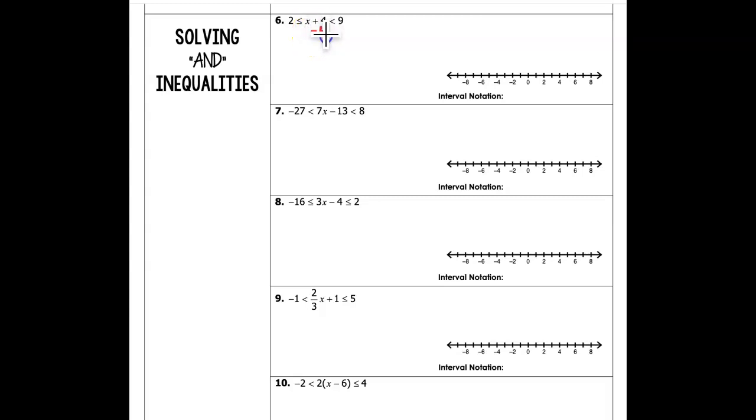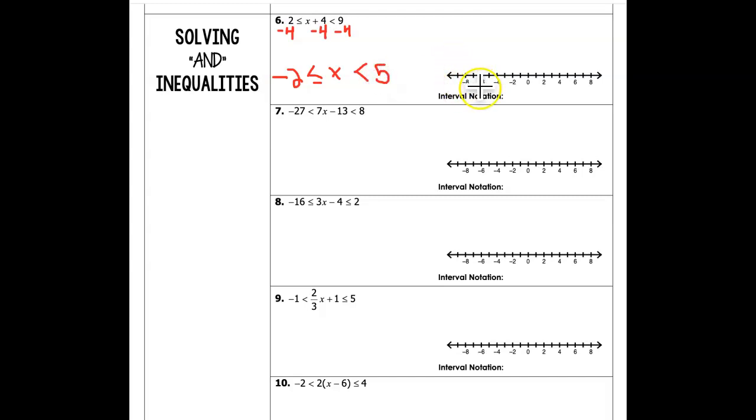So here when I subtract 4, I just have to make sure I do that to the 9 also, and then to the 2. So now my solution is that -2 is less than or equal to x, which is less than 5.